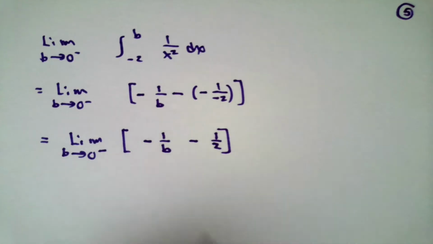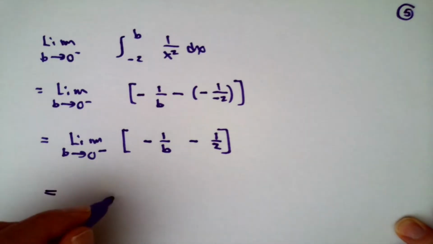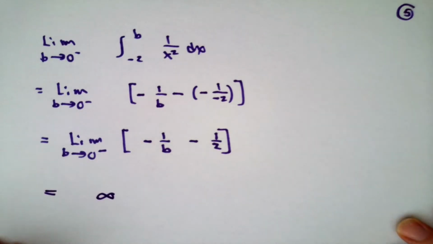The negative of such a number is a positive number with large absolute value. So just like with the other one, this limit doesn't exist. It diverges by becoming indefinitely large in value, or to abuse the language in the standard way, equals infinity.